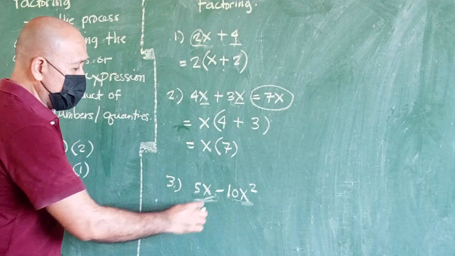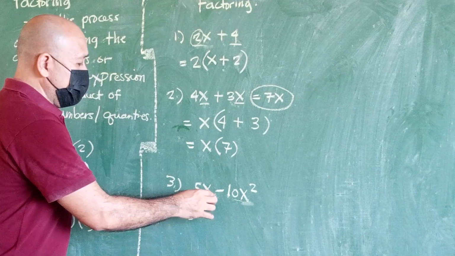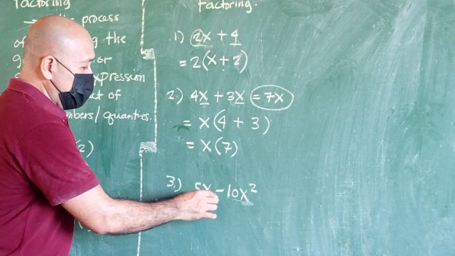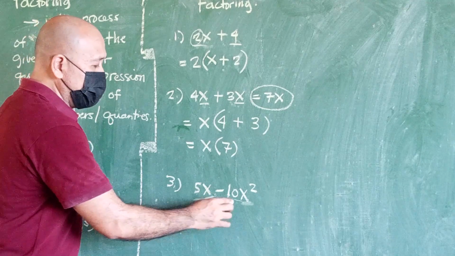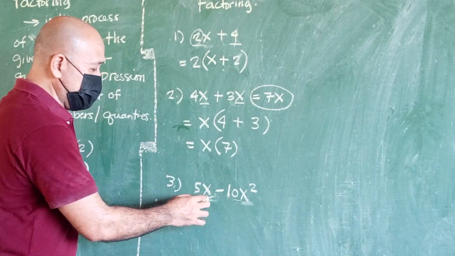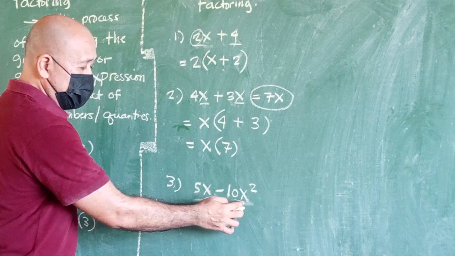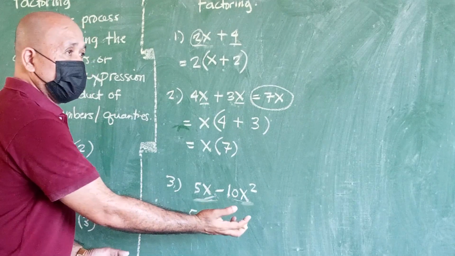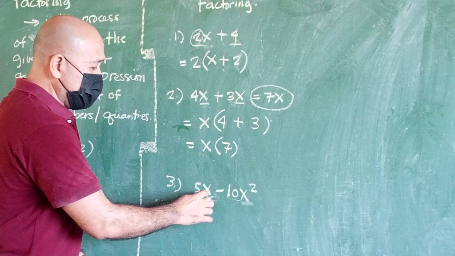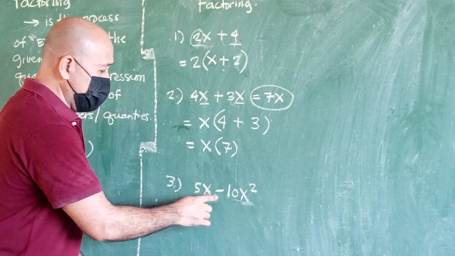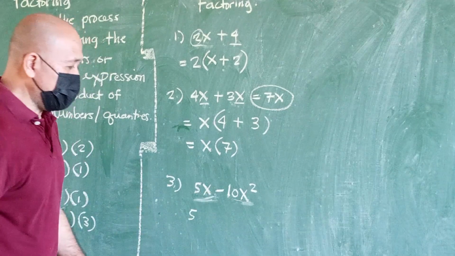So as you can see, the same variable is visible in the first term and the second term. So therefore, you can also conclude that x is also common in the first term and the second term.